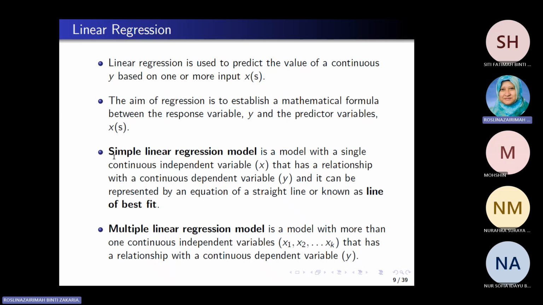Whereas multiple linear regression is a model of a continuous y against two or more independent variables. So when you have more than one independent variable: if simple, one x, one y; for multiple, one y, many x. And in this case, both are continuous variables.